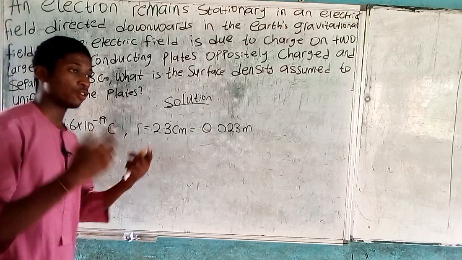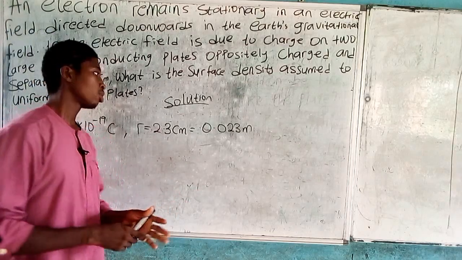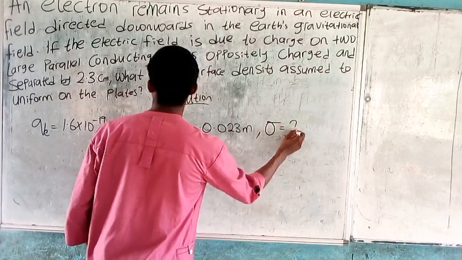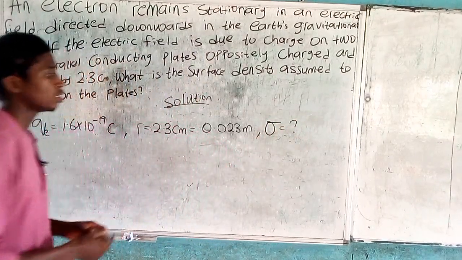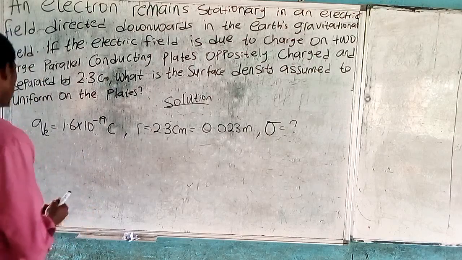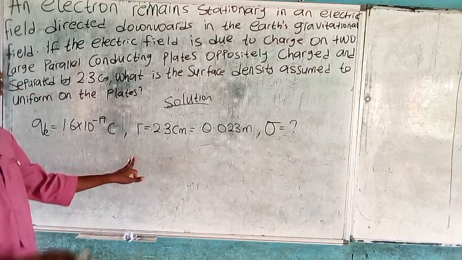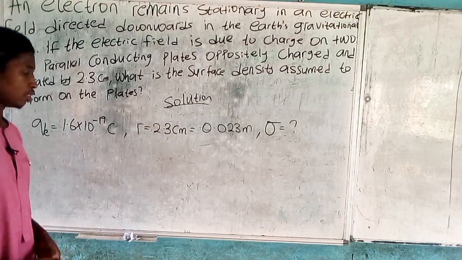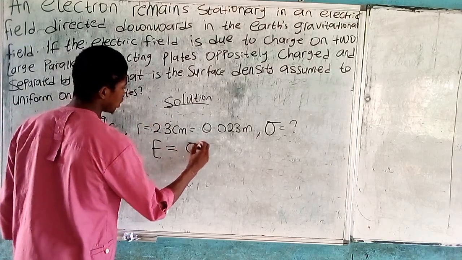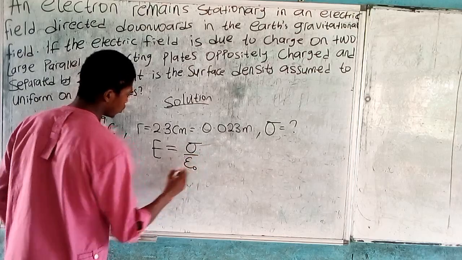So what is the surface density? Surface density or surface charge density, we are talking about the same thing. So we have to find the surface charge density. Alright? This is pretty simple. Now what is the right formula to use? We have Q, we have R. Let us find density. Now electric field is equal to surface charge density over epsilon naught, right?